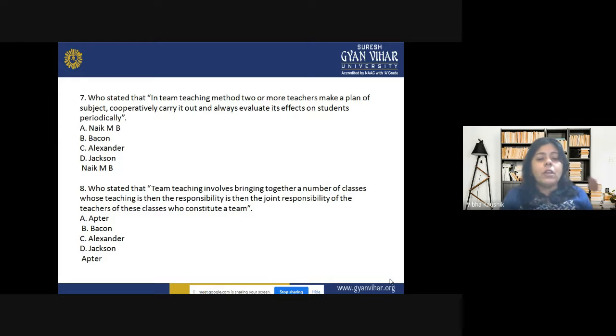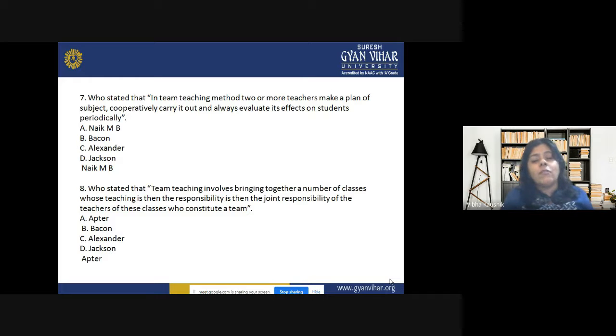Now the eighth one: who has given this definition? Team teaching involves bringing together a number of classes. Team teaching is defined as a method of teaching in which we are bringing together a number of classes, whose teaching is then the joint responsibility of the teachers.